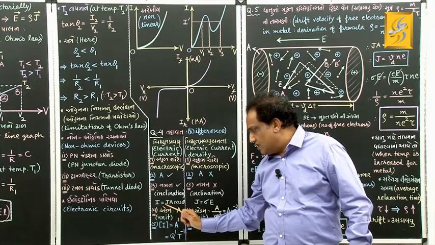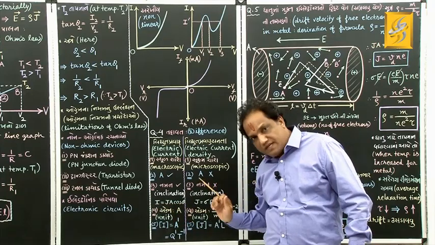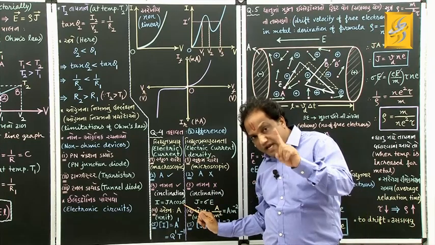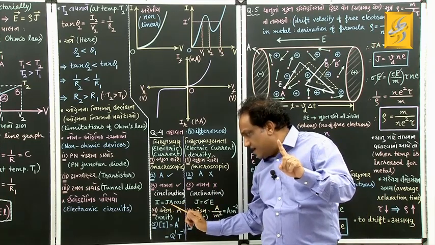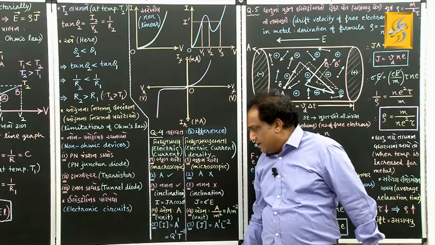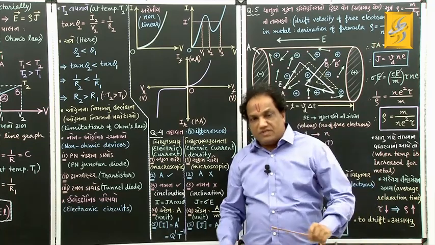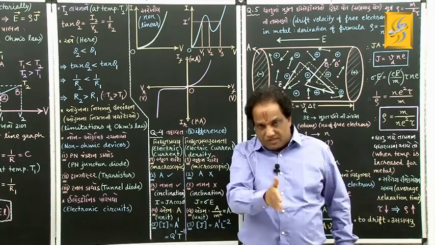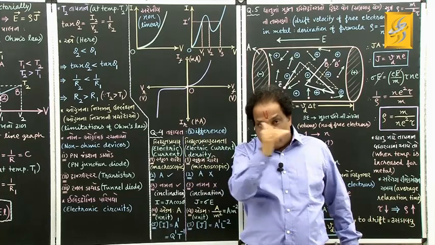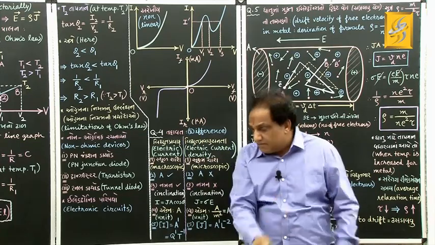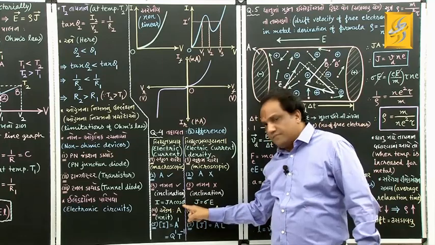It is I equals J A cos theta, correct? What is theta? It is the angle between electric current density and the area vector. Now if you consider a face which is perpendicular to the direction of electric current, then theta is 0 degree at that time.